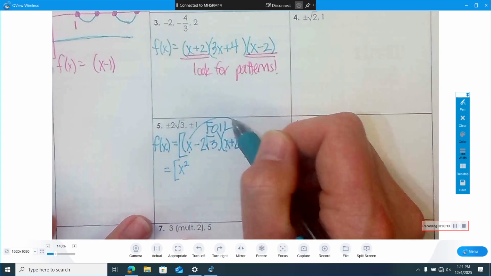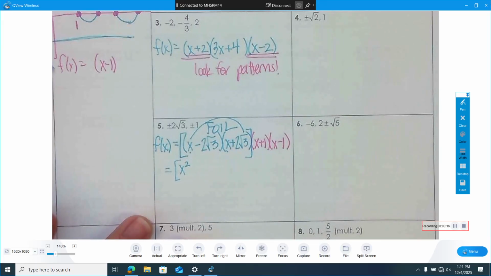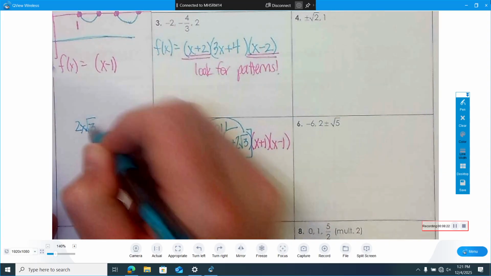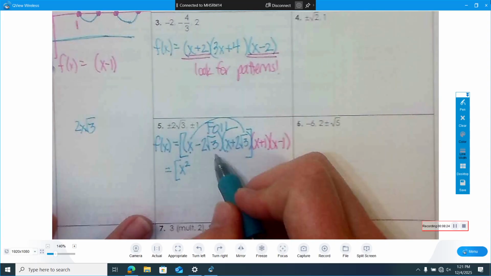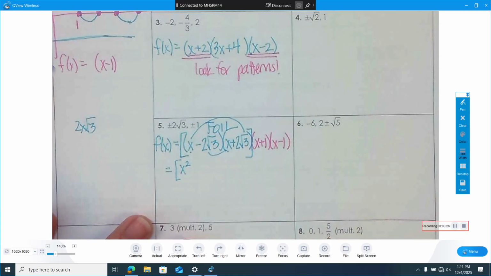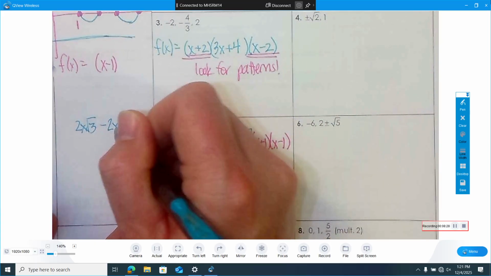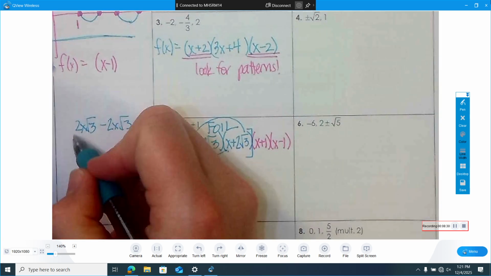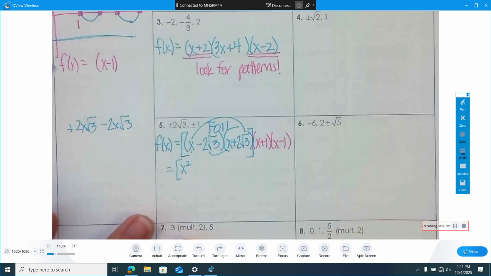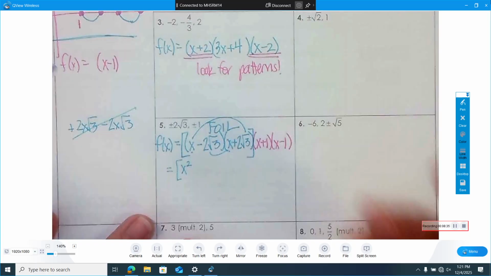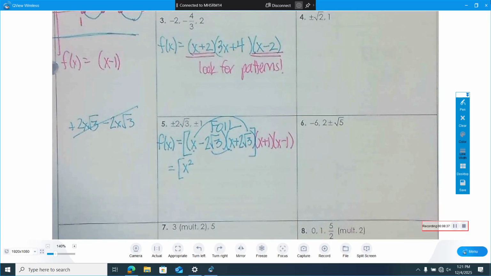The outside is 2x radical 3. And then what's the inside? Negative 2x radical 3. Okay. And what happens with positive 2x radical 3 and negative 2x radical 3? Yeah, they cancel each other out. And that's why that sum and difference pattern is really nice.